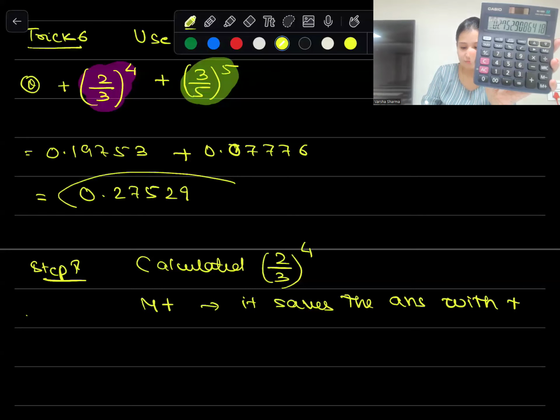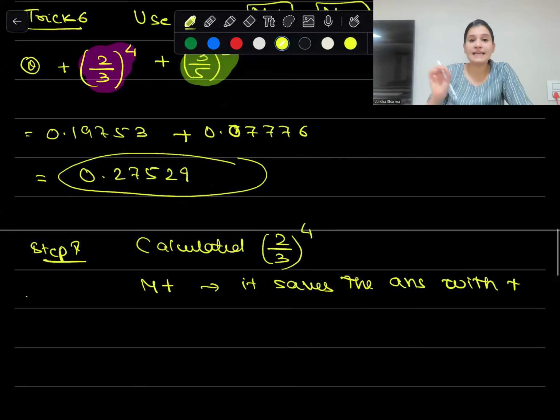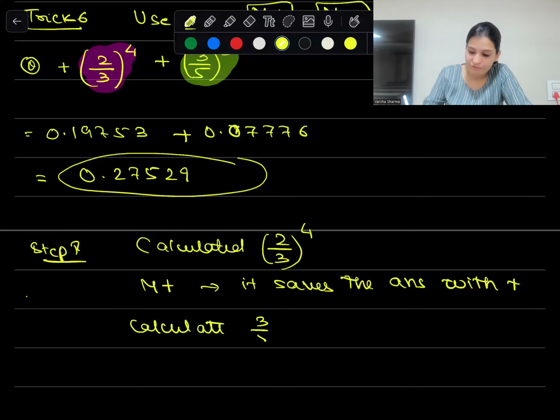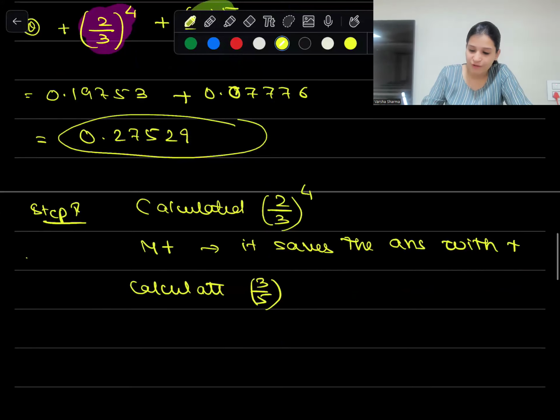Yes, you can see. Yes, ma'am. So first I'll calculate 2 by 3 power 4 normally. Since there is a plus sign before it on the left hand side, I pressed M plus. As soon as I press M plus, it saves the value with a plus sign in the memory of the calculator. Now I'll calculate 3 by 5 raised to the power 5 normally.